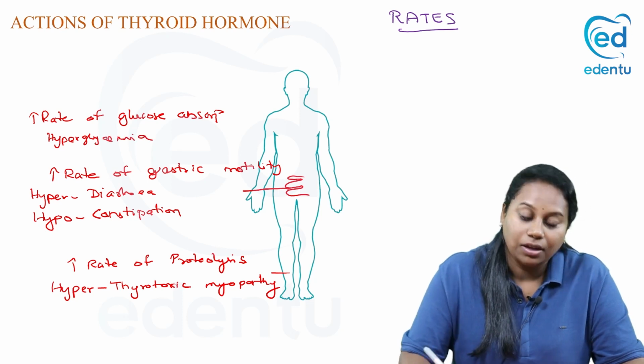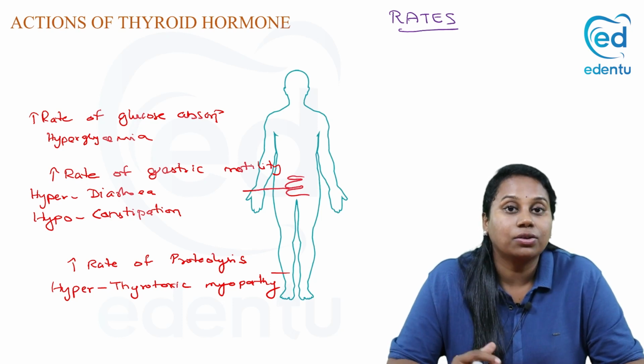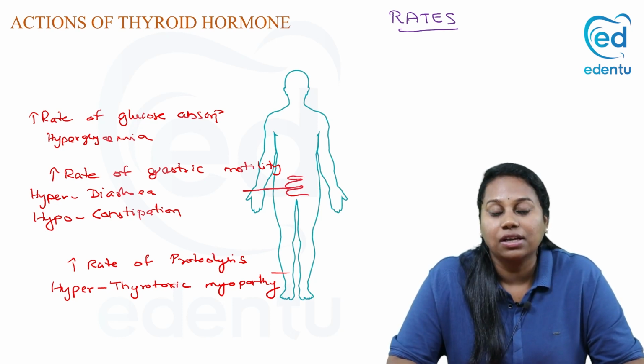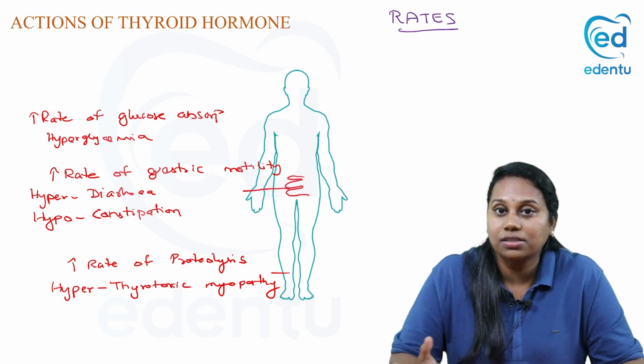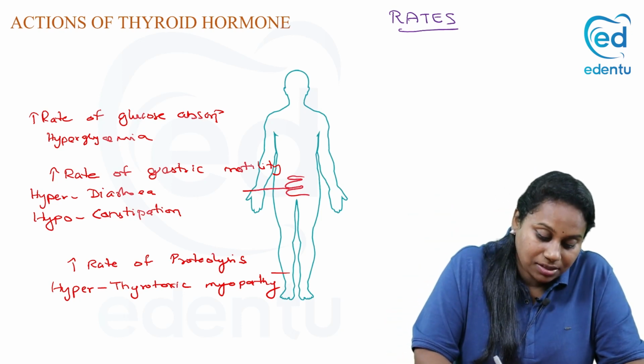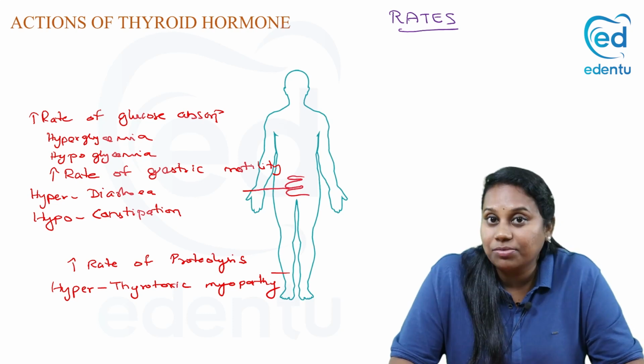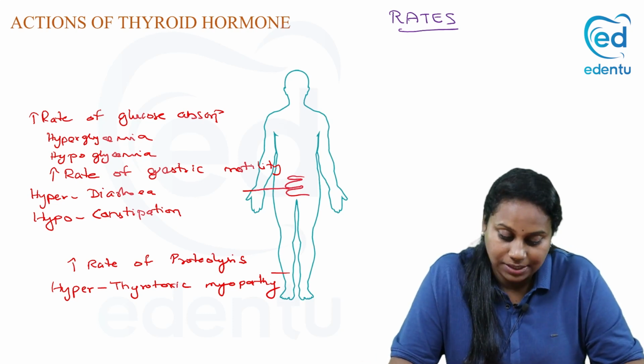But after some time, the same thyroid hormone also increases the glucose utilization by the cells. So when all the cells begin to utilize the glucose, blood glucose level will slowly come down. So at later stages, it results in hypoglycemia. So it can cause both hyperglycemia initially and later hypoglycemia.